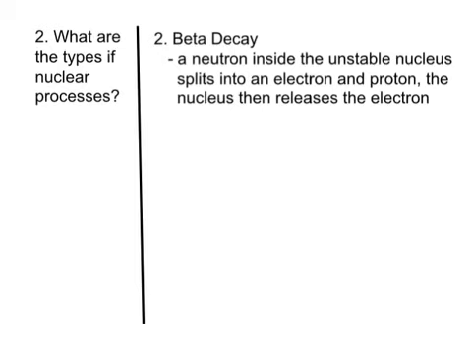Negative plus a positive come together, make neutral. Makes sense. So in beta decay, a neutron splits into an electron and a proton, and the nucleus releases that electron. So we're going to get that electron being spit out. That's what we call a beta particle.